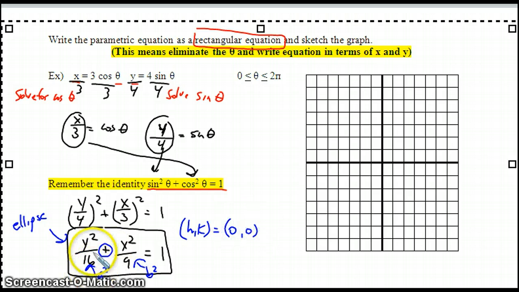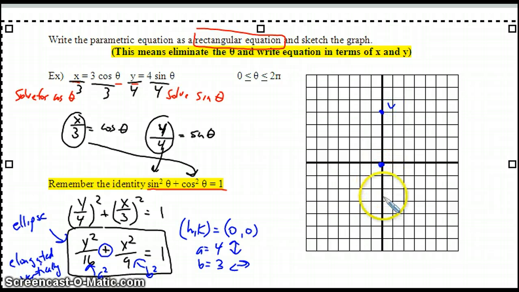If a is underneath the y value, that means it's elongated vertically. So my a value, which is actually going to be 4, I want to have going up and down. My b value, which would be the square root of 9, 3, would go left and right. So from 0, 0, I'm going to go up 4.